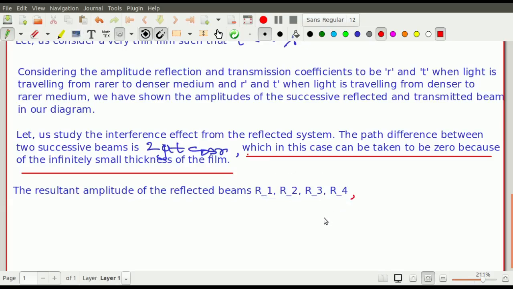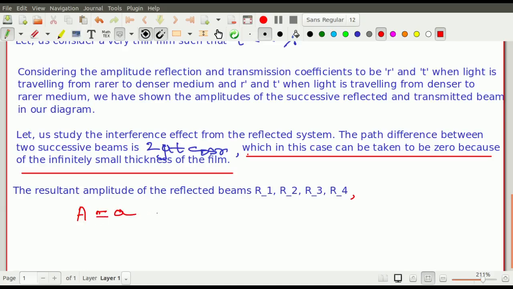What will that be? The resultant amplitude from the reflected beams. So that will be definitely, if I write capital A, how much can it be?